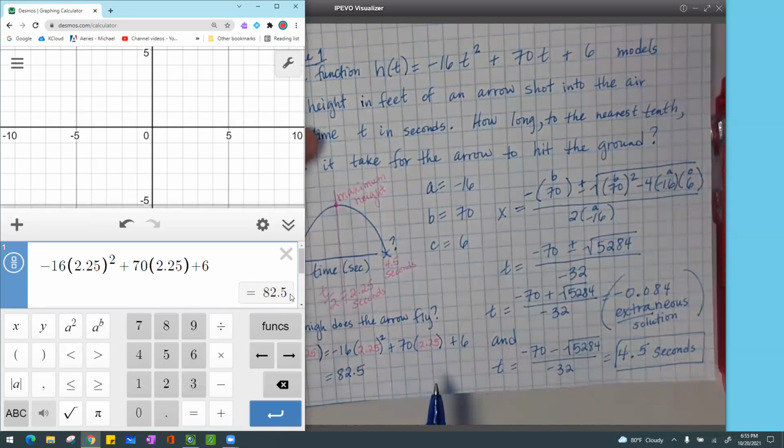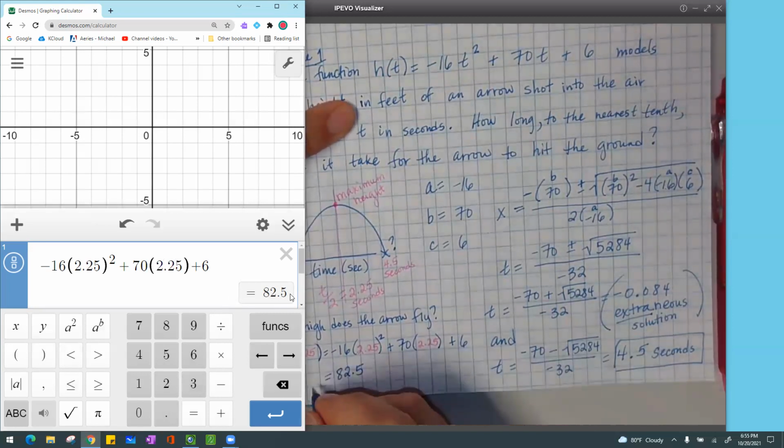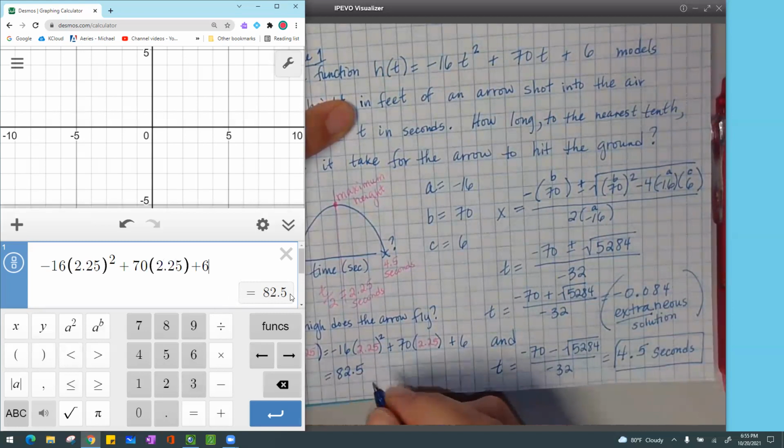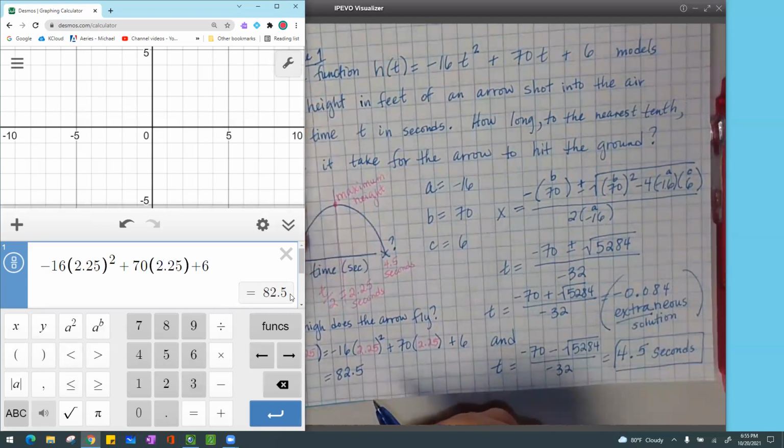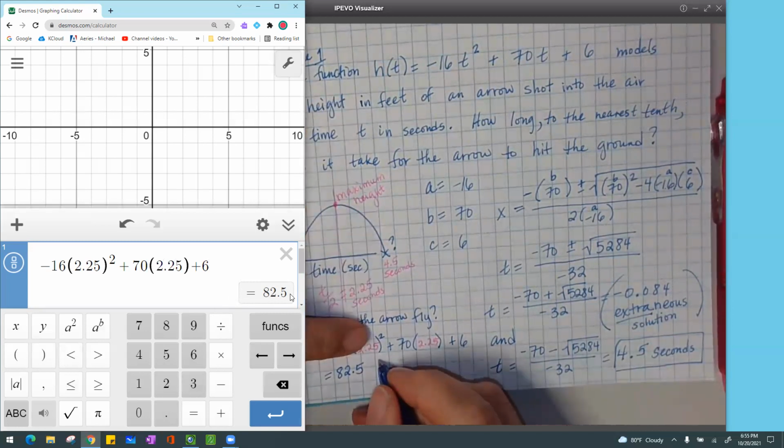My height is in feet. So my maximum height halfway through the path in time is 82.5 feet.